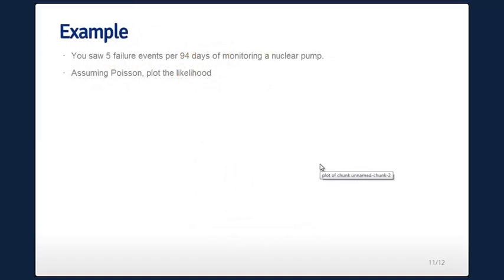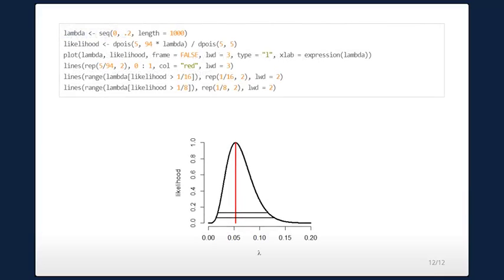So let's go through this example right here, where you saw 5 failure events in 94 days of monitoring a nuclear pump. Assuming a Poisson model, plot the likelihood. And by the way, we know what the MLE is, right? The MLE is 5 over 94. Let's see.